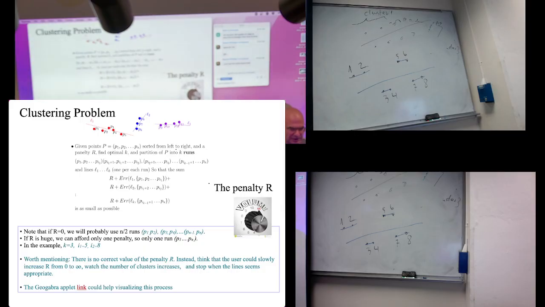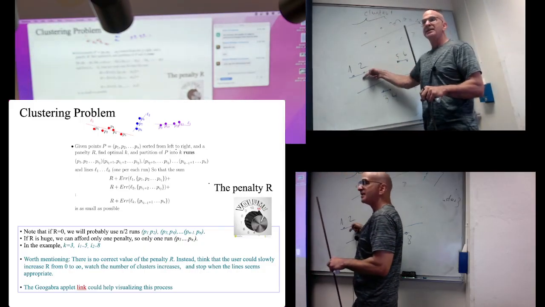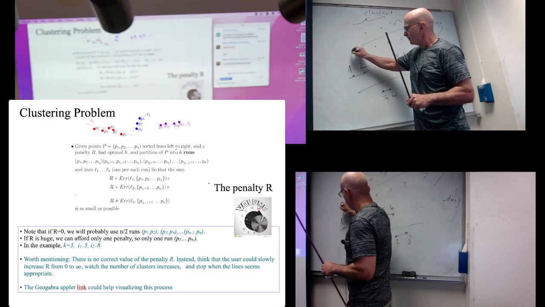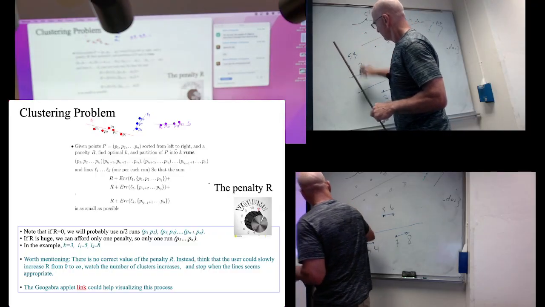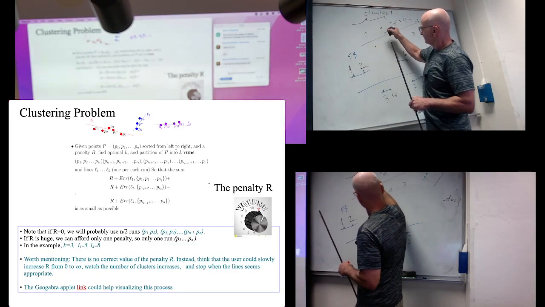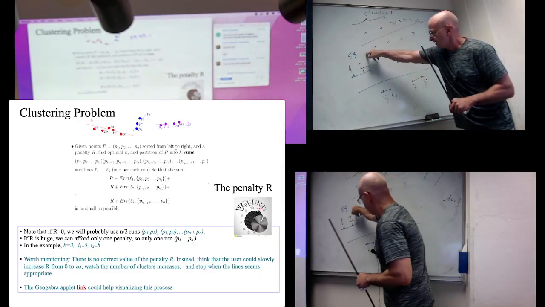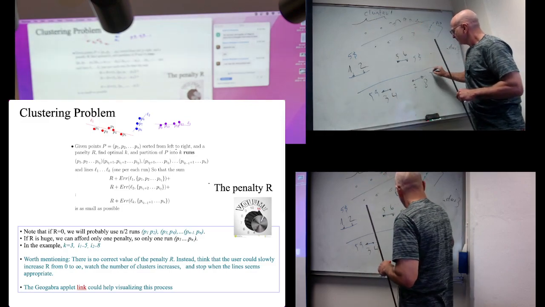Instead, think about this as a process for which every new cluster has a penalty. Every time that you start a cluster, you need to pay a penalty of $5 plus the errors that you are getting. $5 per each cluster. This $5, $5, $5, $5.